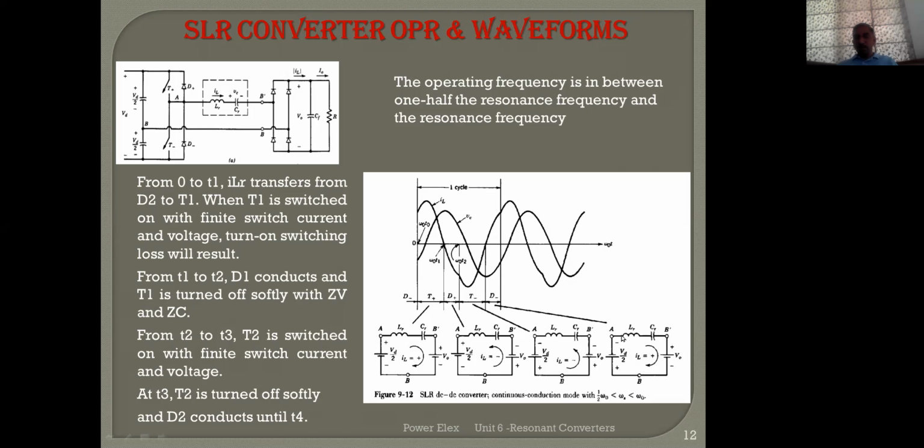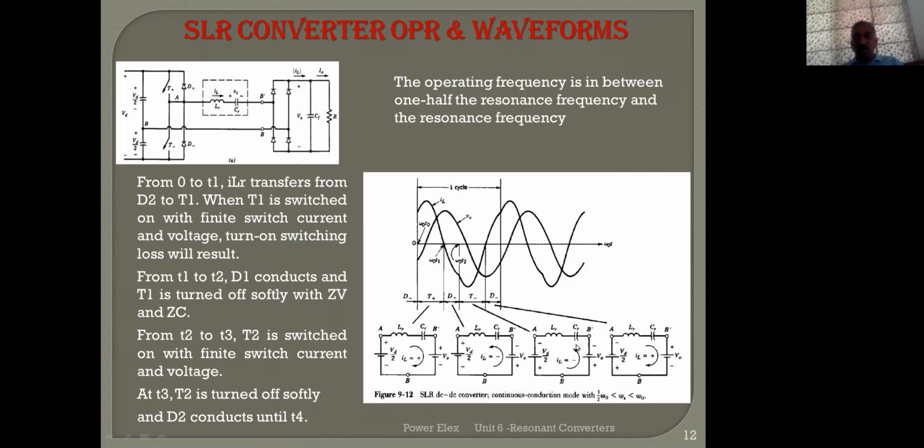So V0 is positive. Means whenever T plus and D minus are conducting, V0 is positive. Whenever T minus and D plus are conducting, voltages are negative. See, sorry, currents are negative, and even the V0 is negative.